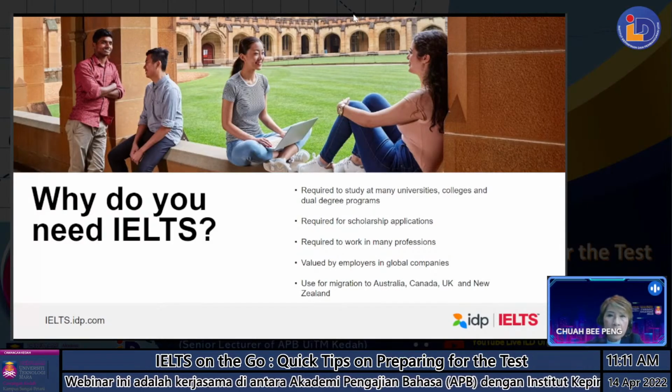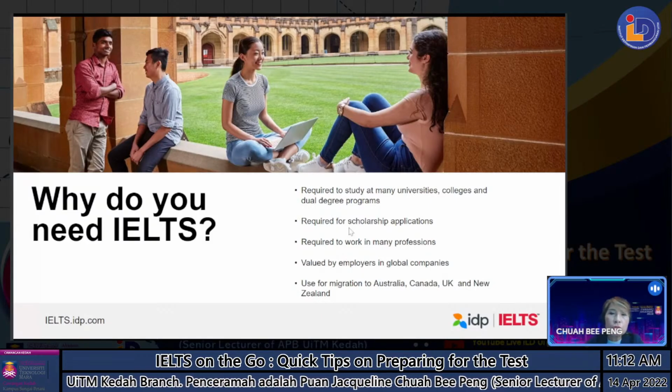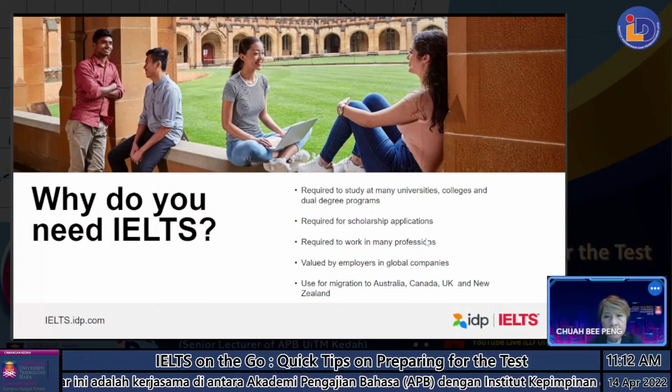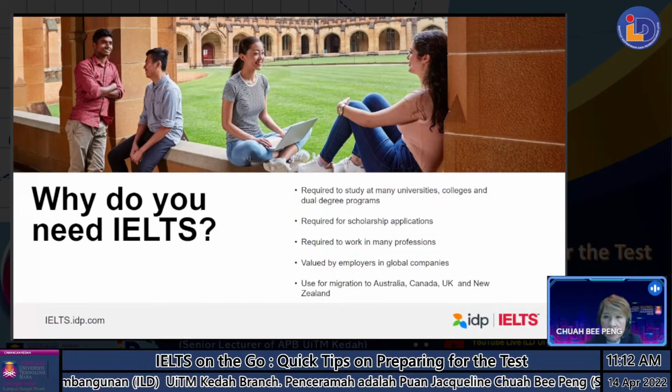And I think the Malaysian Ministry of Education requires all scholarship applicants to produce their IELTS test results, and I think they need to attain at least band 6 and above, depending on the program or the course that you are applying for. And if you plan to work in other countries, or even in certain professions, you may also need to have the IELTS test results.